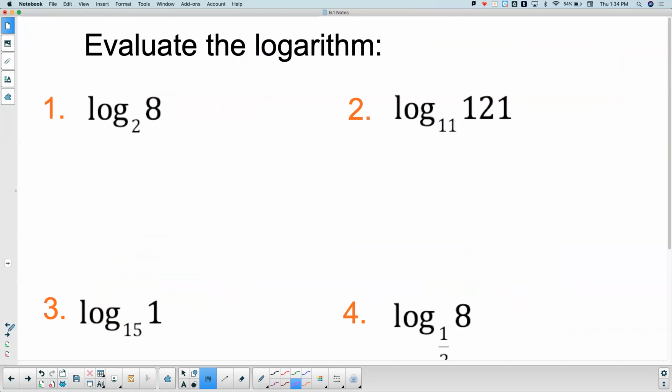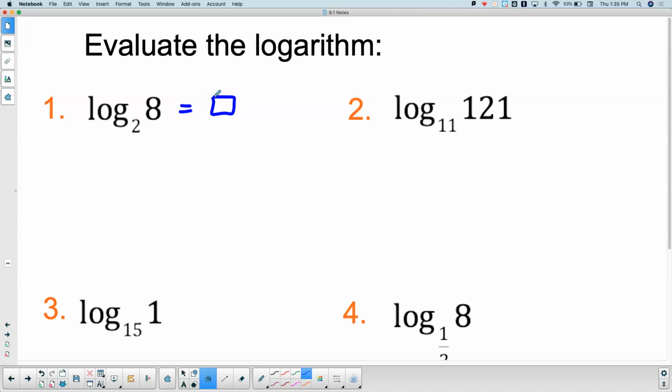Now, logs are exponent finders. So we can evaluate logs like this. You may be saying to yourself, how are we going to do this? The way I go about doing it is I usually say I'm going to set this equal to a box, and I want to fill up the box.